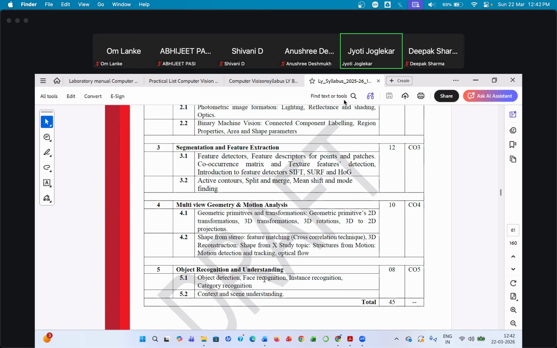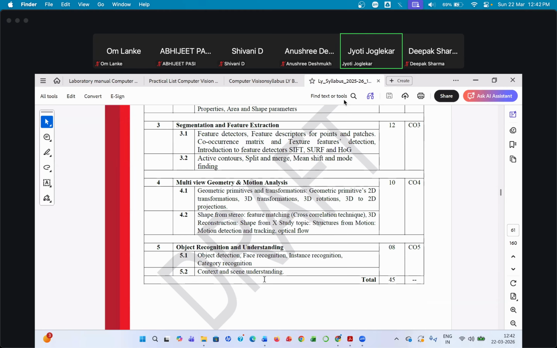Object recognition and understanding is the fifth module, where you study the different applications. As I said, various applications where object detection is required: if you have to locate a car, if you have to locate a geospatial area to take some decision, to provide a decision support system in agri-tech, or provide a kind of detection in healthcare systems.